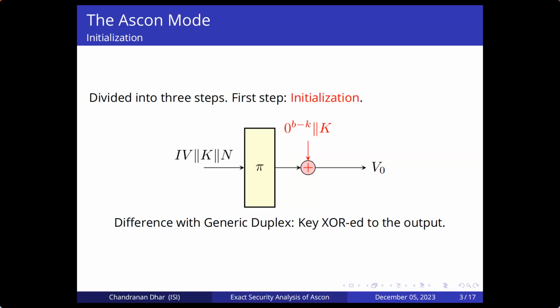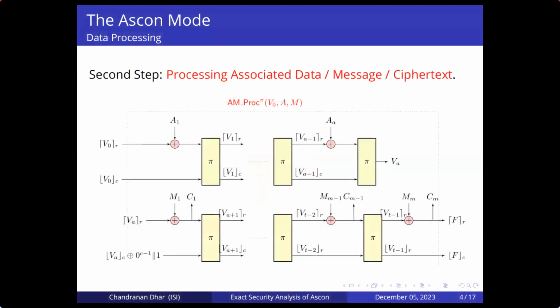But in the initialization and finalization steps, there are some key XORs which are in addition to the duplex mode. In the initialization phase, we have some key additions after the permutation. The data processing step is exactly the same as the duplex mode.